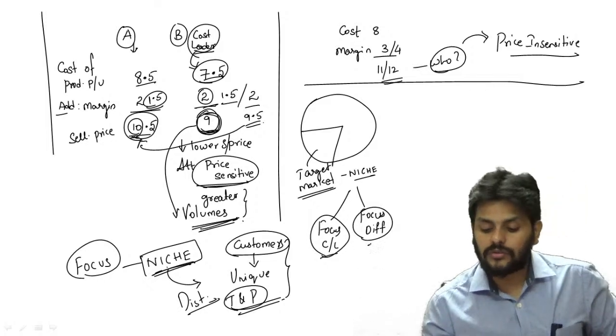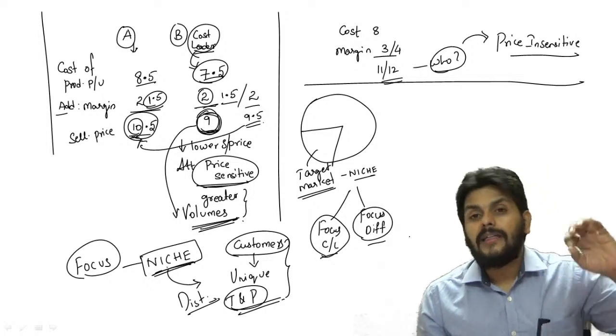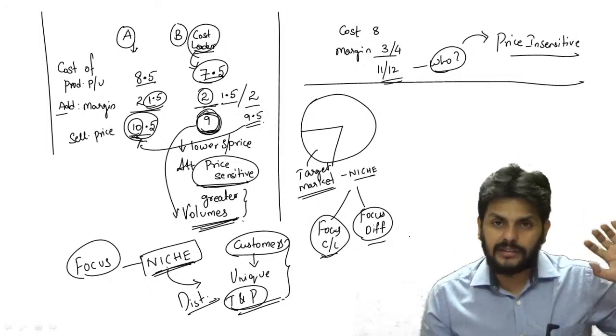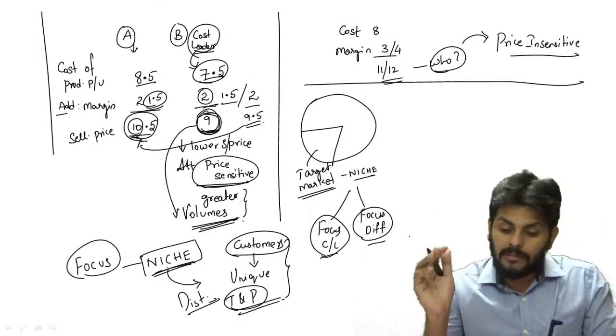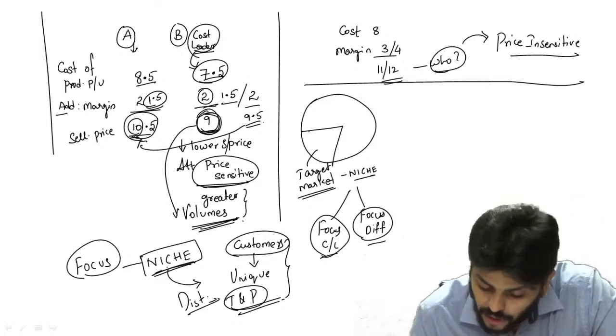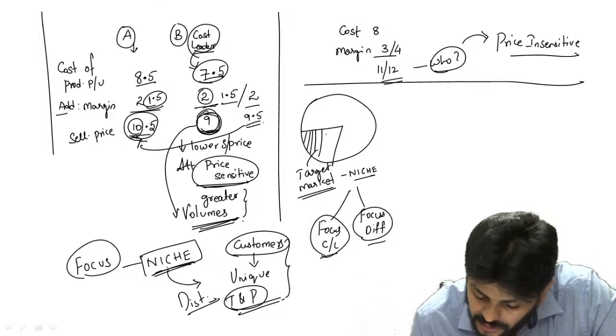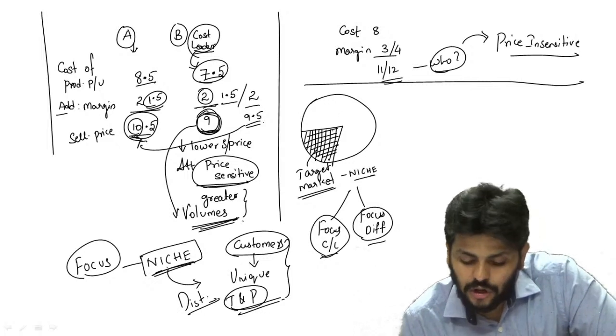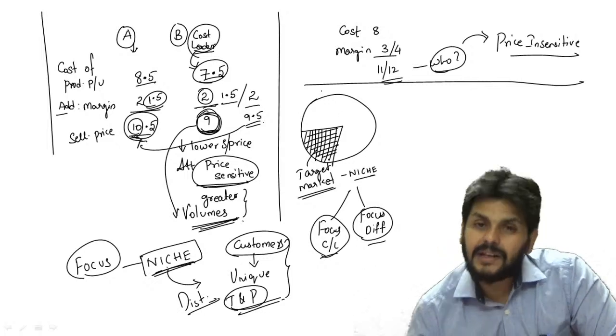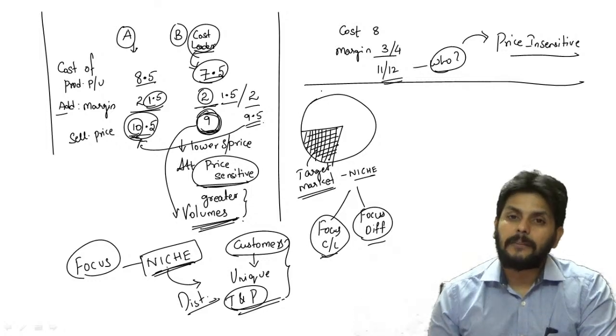What are these focused cost leadership? Simple. You continue to hold the concept of cost leadership, but you are not going to apply it to the whole market. You are going to apply the cost leadership concept only to these niche market people. Only here. So when you apply that concept only here, that becomes what is called a focused cost leader.